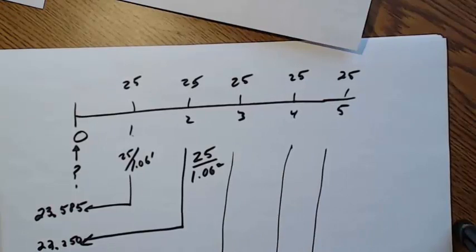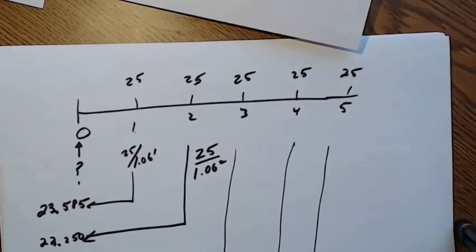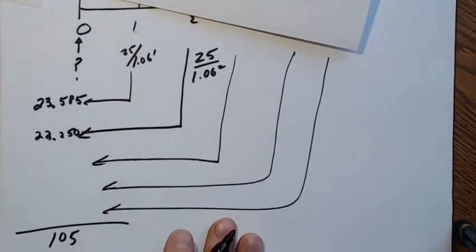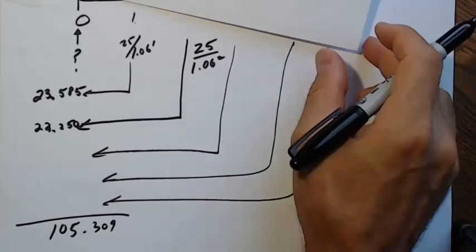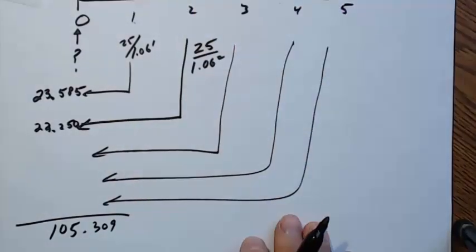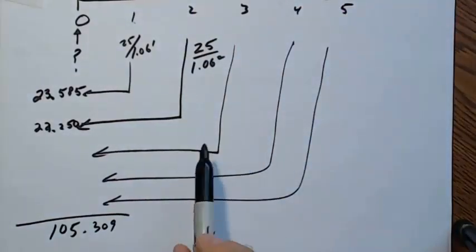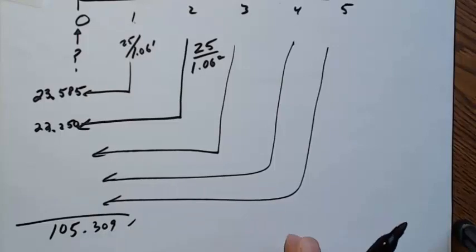And when you add this all up, you'll have 105,309. So verify that you can do that. It's a great opportunity now to stop the video. Make sure you can do these calculations and it adds up to 105. And make sure you can do it on your calculator.